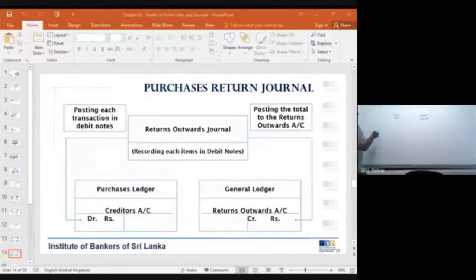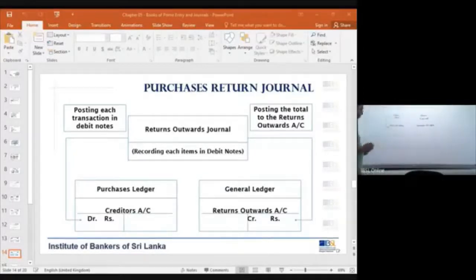So when the sale happens, the involvement is in the sales day book. And here it will be purchases day book.